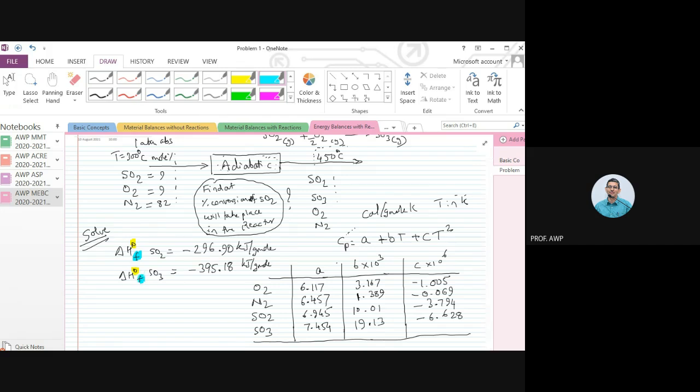Haven't you seen in your textbooks appendix that I showed last time? Delta H0F, delta H0C. Himmelblau's book. You have that book, right? Appendix.